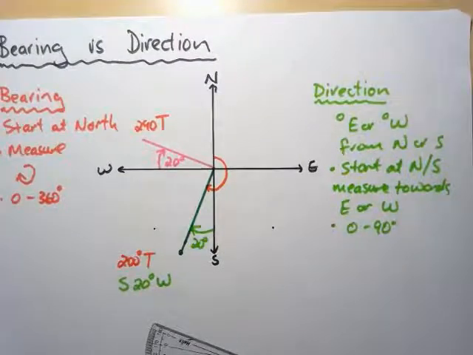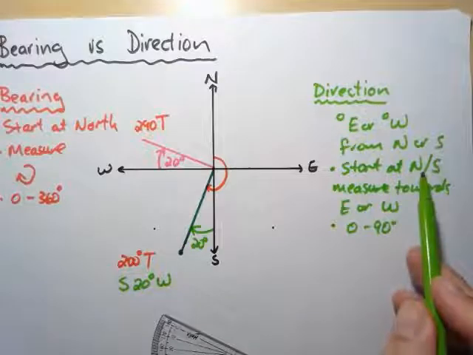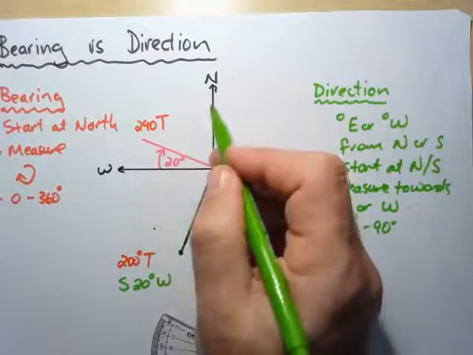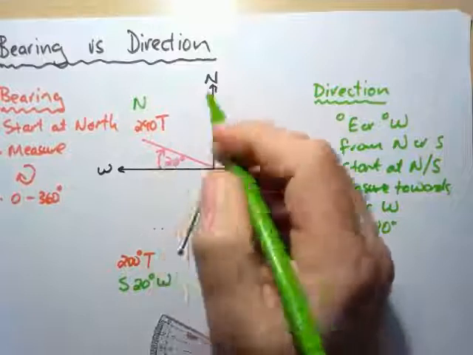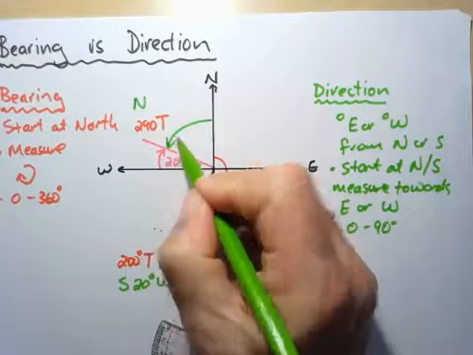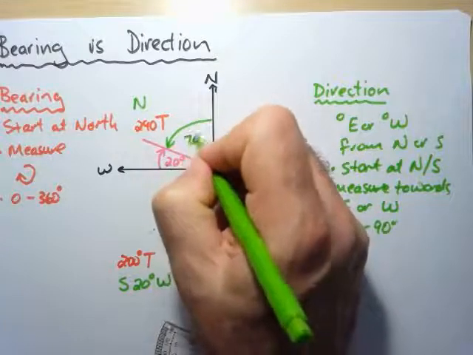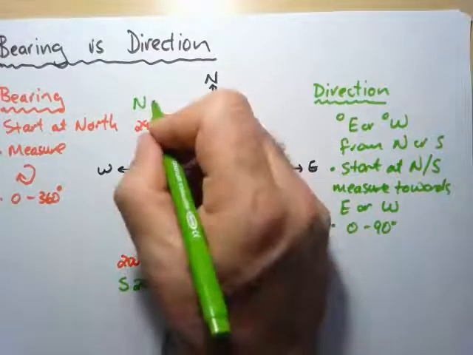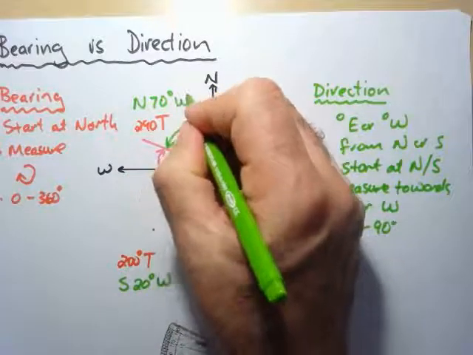However, when we are looking at the direction, the answer is not west 20 degrees north. The reason is I have to start at north and go towards either west or east. It's closer to north and south, so I have to start with north. If this is 20 degrees, this angle will be 90 take away 20, which is 70 degrees. So the direction for this point will be north 70 degrees towards west.